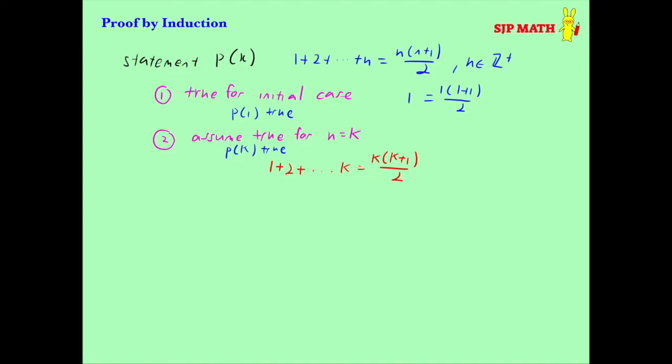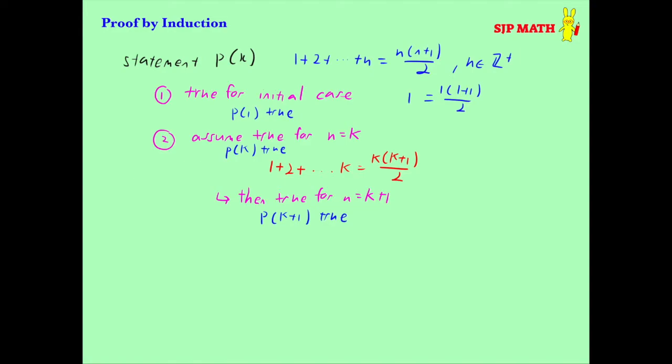Then after that, what we do is we prove that this assumption leads to it being true for n equals k plus 1. So we want to show that if we assume that the statement is true for n equals k, then it will hold true for n equals k plus 1, or P of k plus 1 is true.